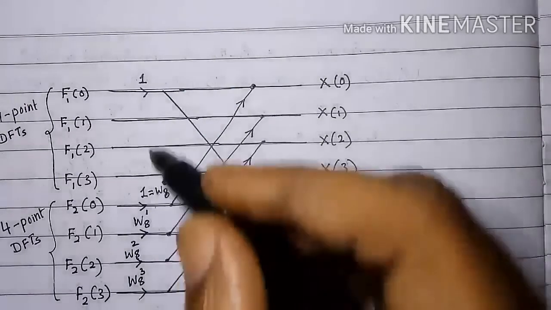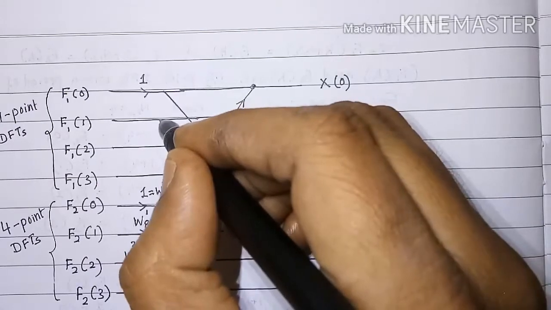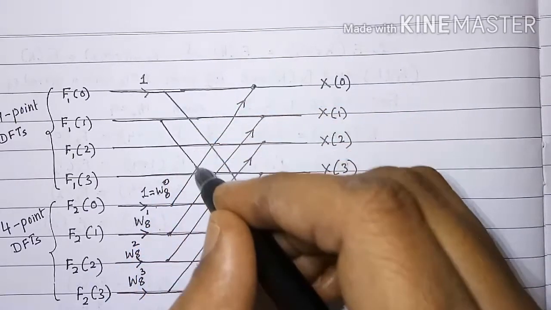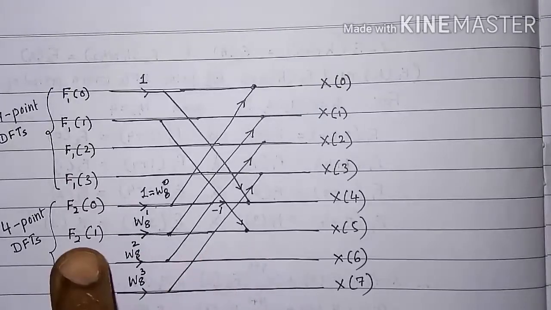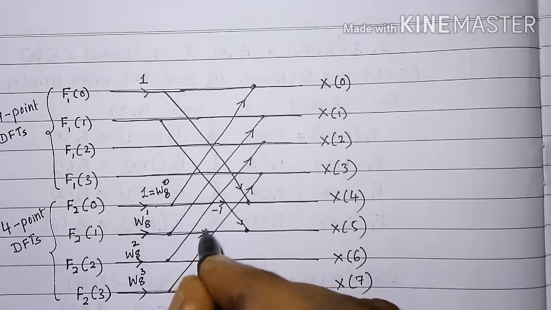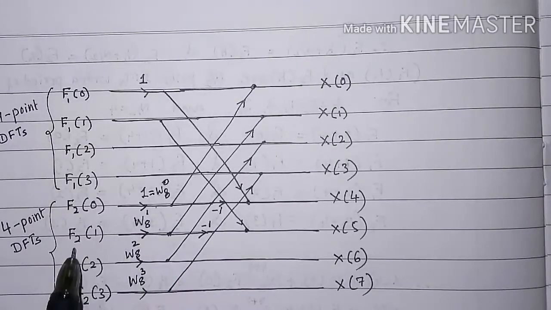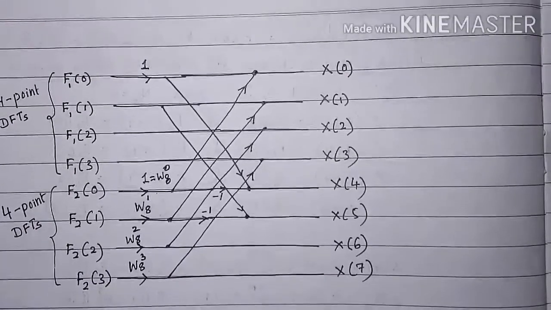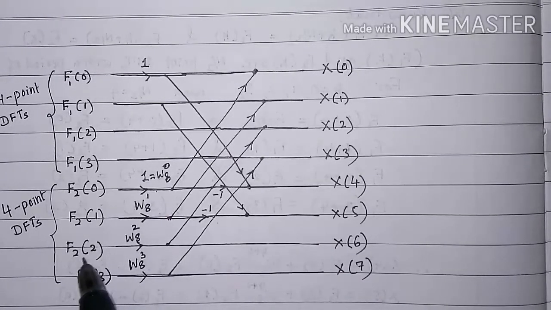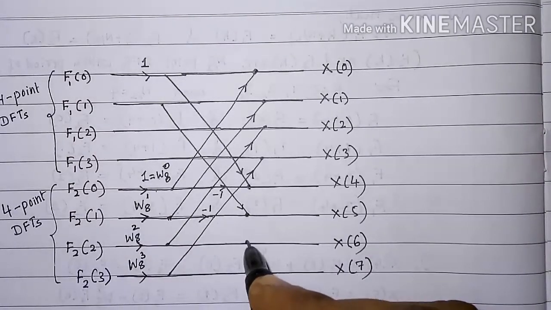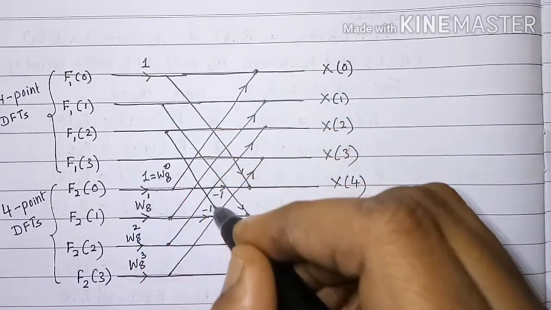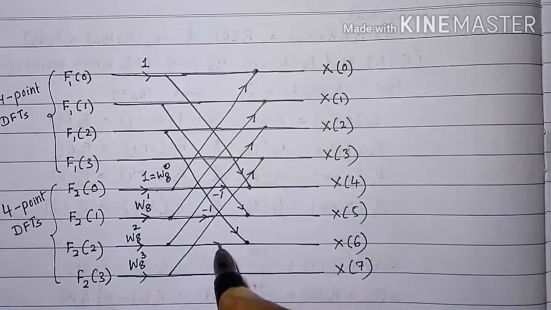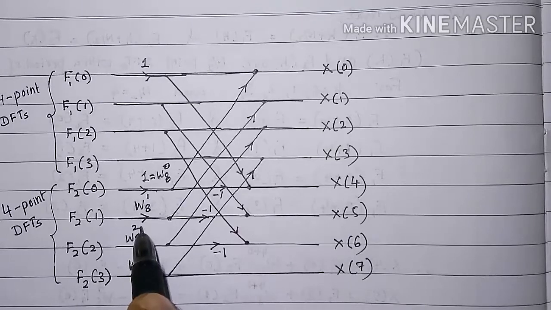f2 of 1 is f1 of 1 minus, so I have to write here minus 1, w8 raised to 1 into f2 of 1. x of 6 equal to f1 of 2 minus w8 raised to 2 into f2 of 2.